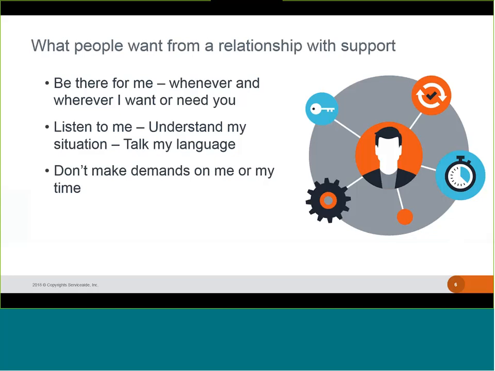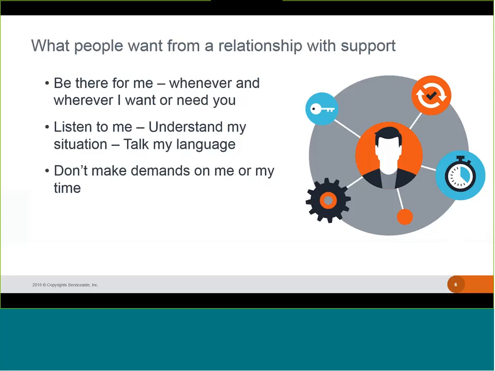So my satisfaction with a support interaction hinges on a couple of items. I want 24 by 7 by 365 availability. I want the support team to be available whenever I happen to be doing something work-related. I want them to be available in my channel of communication. I don't want to have to go out searching for how to connect with them.